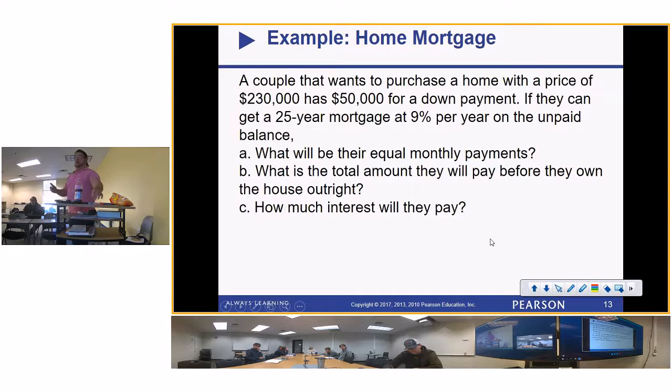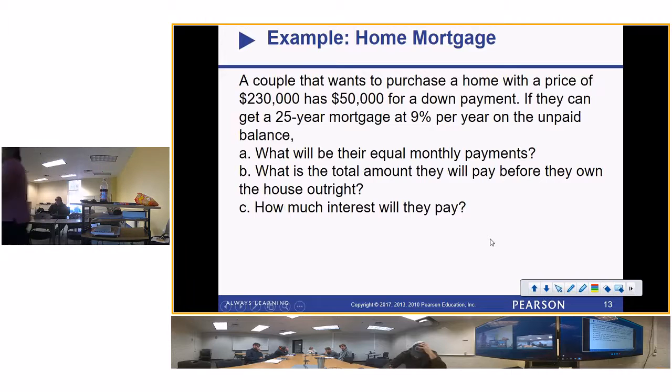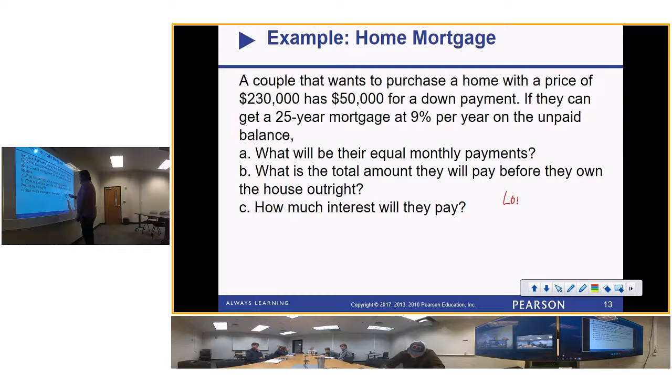Everybody with me? So your borrowing amount, or your loan amount, is equal to $180,000. I'm assuming they're going to put that money down as a down payment.